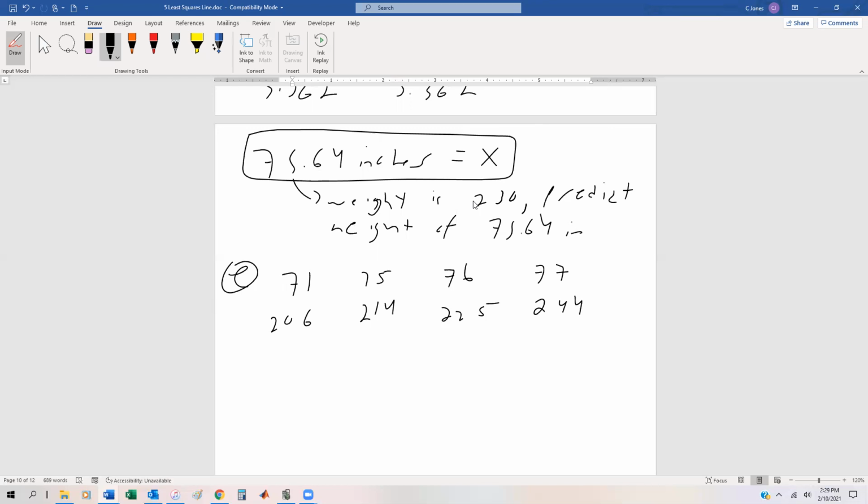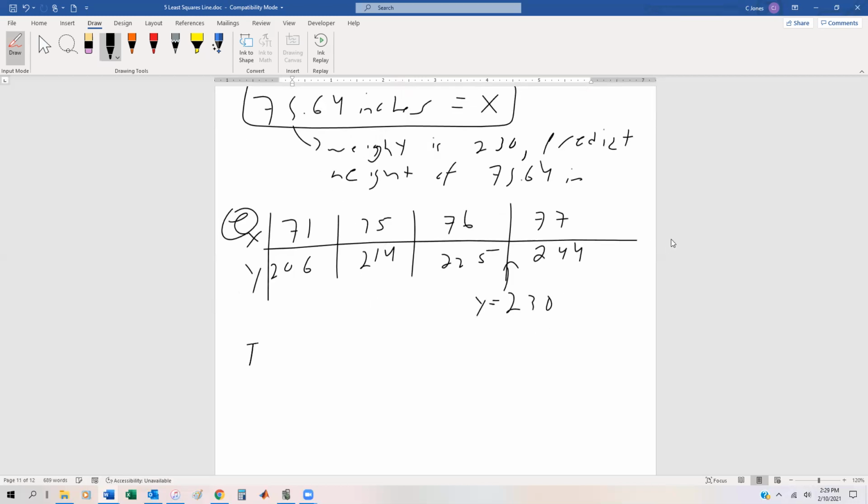Now clearly 230 is between two of the original values. And if we were to make a table out of this, just to make sure, this is our X data and this is our Y data, right? And Y is equal to 230, which is clearly between 225 and 244. So this would be an interpolation. And even if you look at the X value, it is between two values that exist as well, not those two, but it's between here.